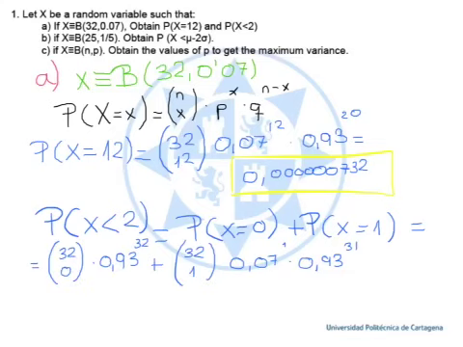Now have a look, we have already replaced the values, and following the calculus with the calculator, we got that this is equal to 0.3342. So here we have our result. Now let's continue with part B.